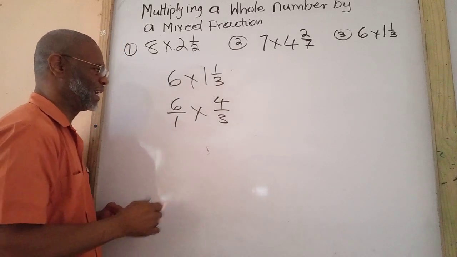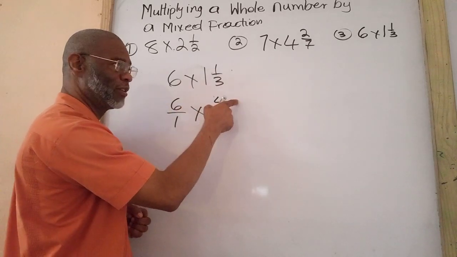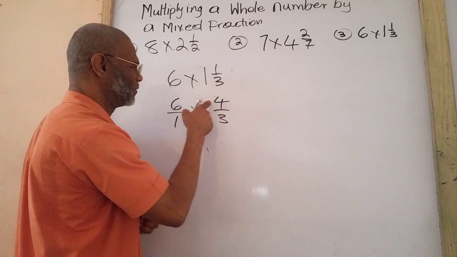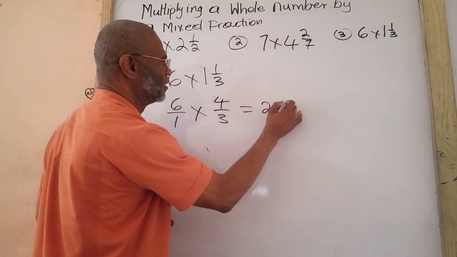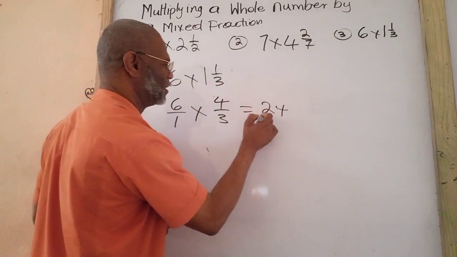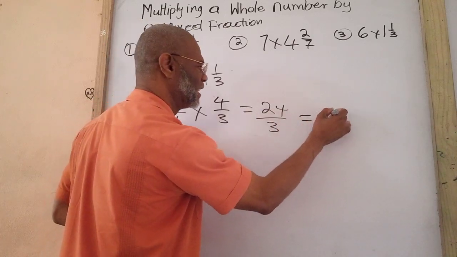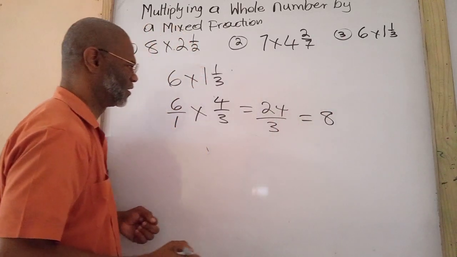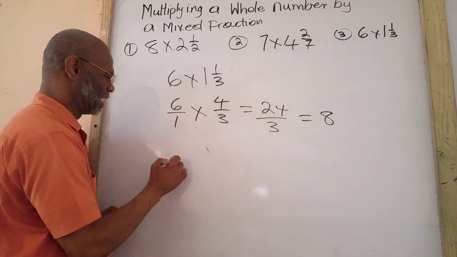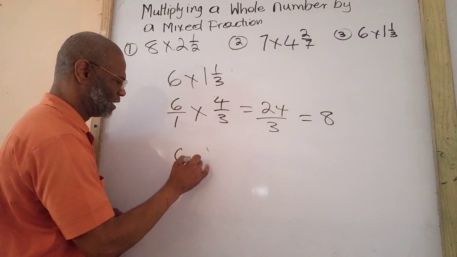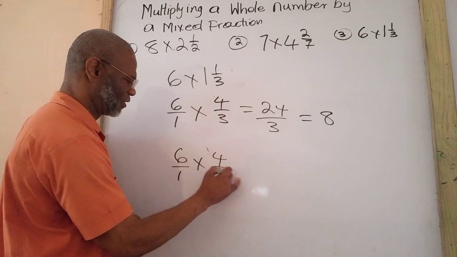Then we can go ahead. We can multiply the numerators. So 6 times 4 is 24. And 1 times 3 is 3. 24 divided by 3 is 8. Alright? Now if you're going to cancel, you have 6 over 1 times 4 over 3.